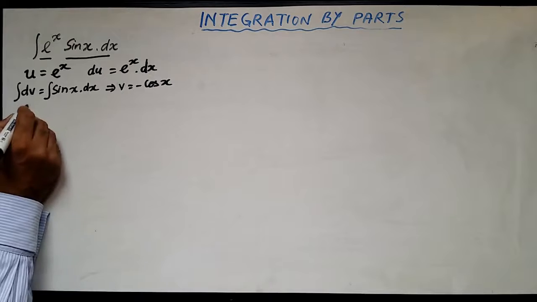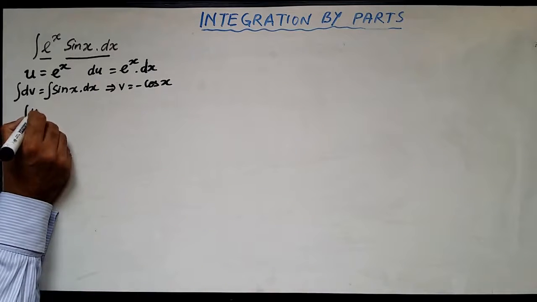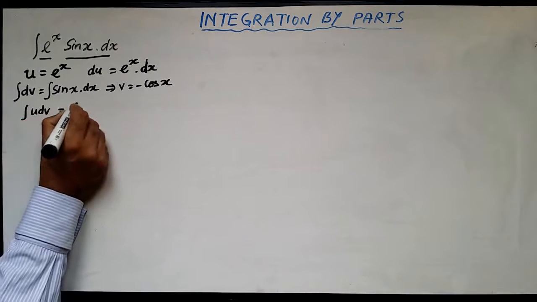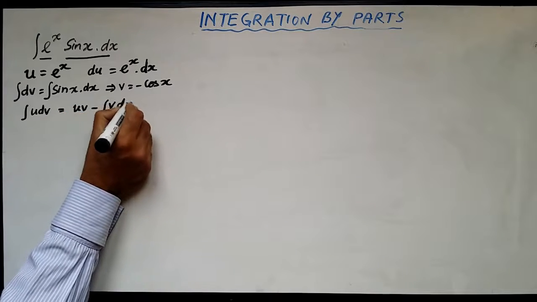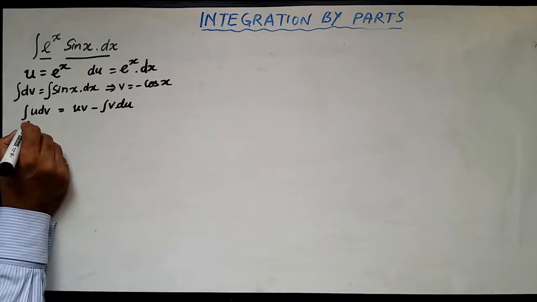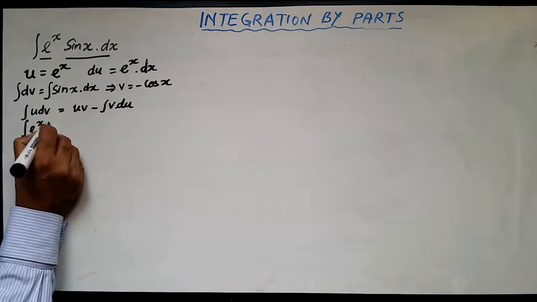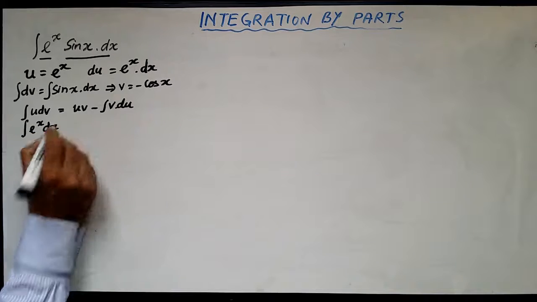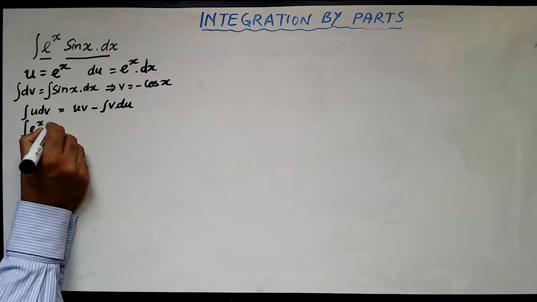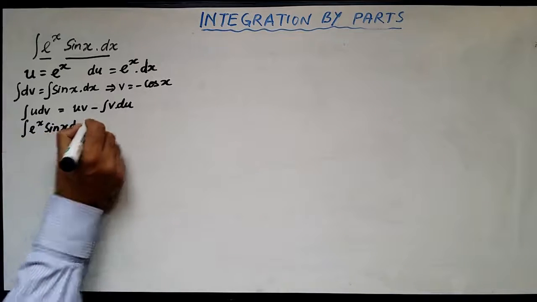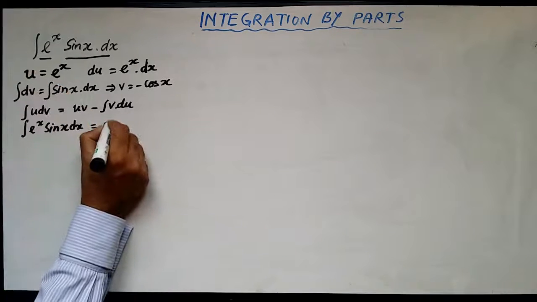So now we apply the formula for integration by parts, that is integration of u dv is equal to uv minus integration of v du. Okay, so integration of u dv we know is integration of e to the power x sine x dx. Now what is u? U is e to the power x.